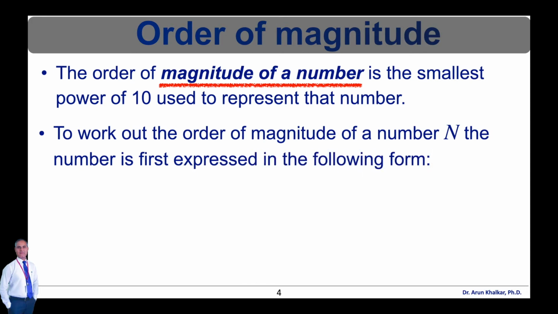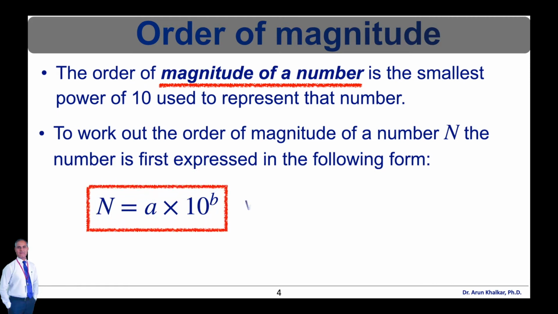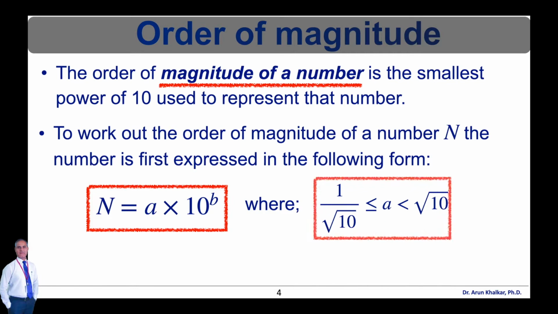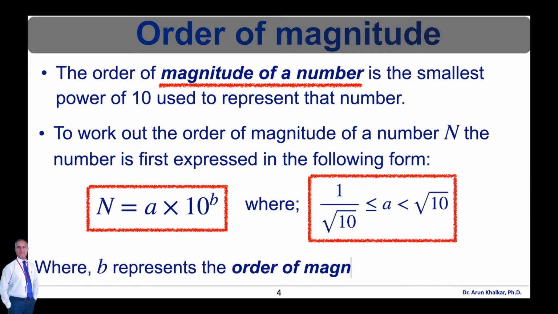To work out the order of magnitude of a number, say capital N, the number is first expressed in the following form: N = a × 10^b, where 1/√10 ≤ a ≤ √10. Then b represents the order of magnitude of the number.